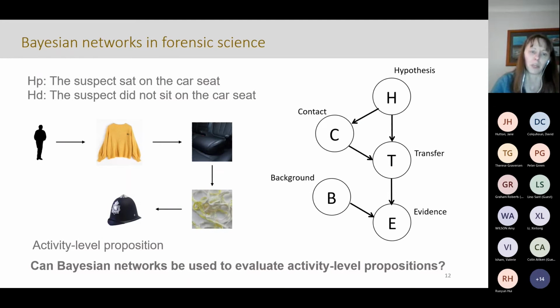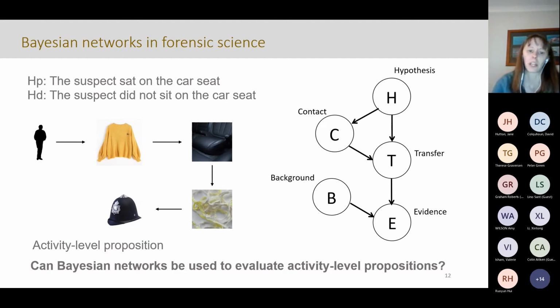Given that information, the prosecution can put forward a timeline, which might be the suspect put on a jumper, sat in the car seat of this car, committed the hit and run, and during that act of doing the hit and run and sitting in the car seat, some fibres were moved from the jumper onto the car seat, and these fibres were recovered by the police.